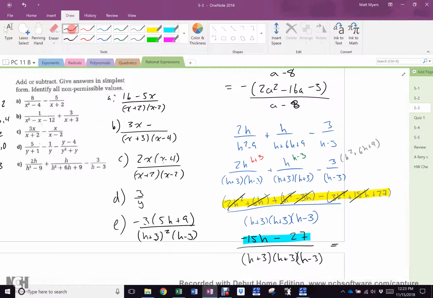Take out a negative 3, factor: negative 3 times (5h plus 9) over (h plus 3) squared. I just put a squared there because I was running out of space. It's perfectly fine to leave it like that.